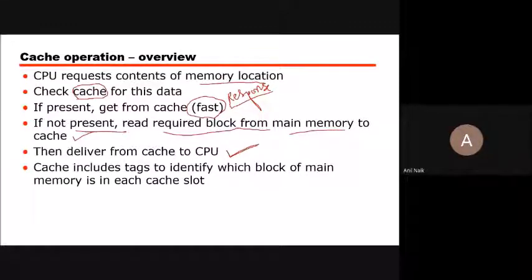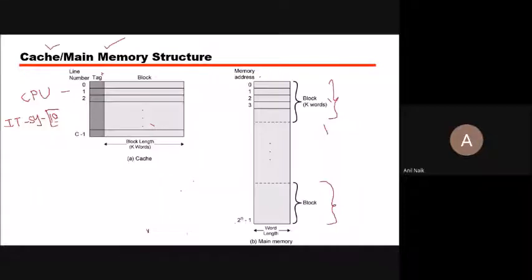So cache includes the tags to identify which block of main memory is in the cache slot. It uses the tag field to identify, for example, this particular field, it may be available in this particular block.